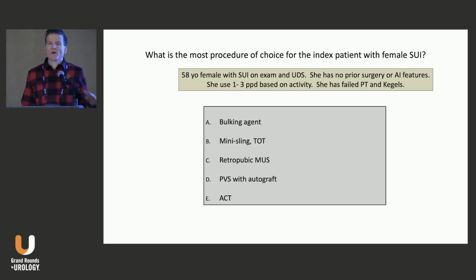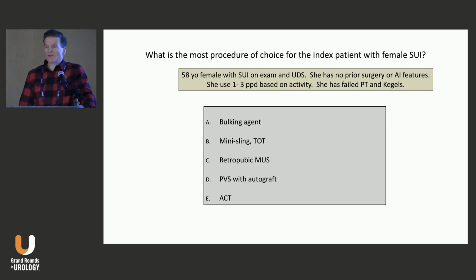So of your procedure of choice, for those that raised your hands who are actually doing this work, how many people would offer a bulking agent to the index patient? 58 years old, how many people would do bulking agent? Okay. How many people would choose a mini sling or a TOT? Retropubic sling? Okay.